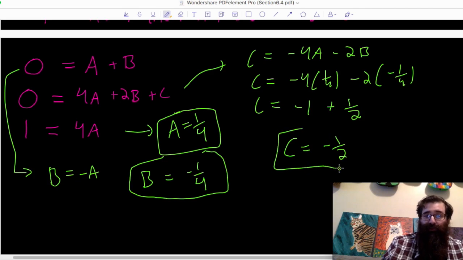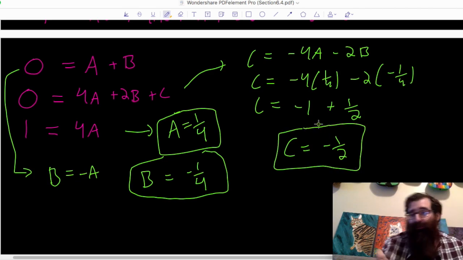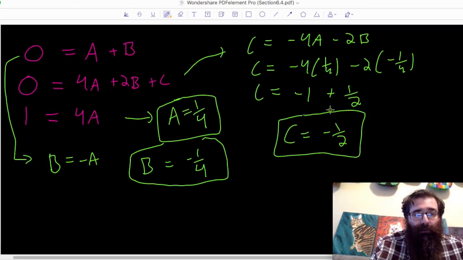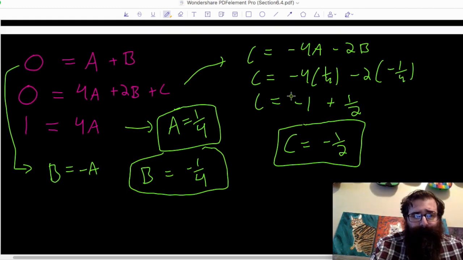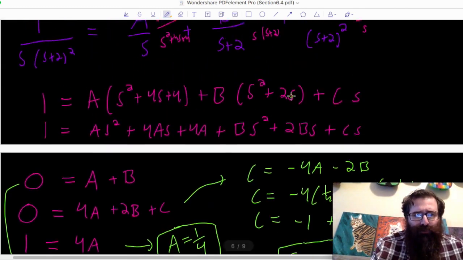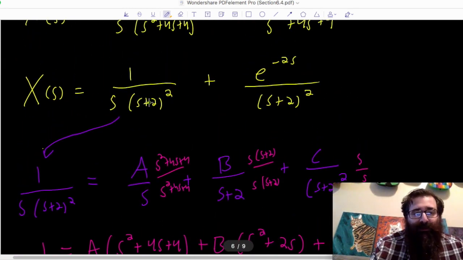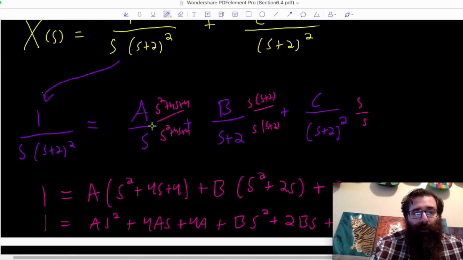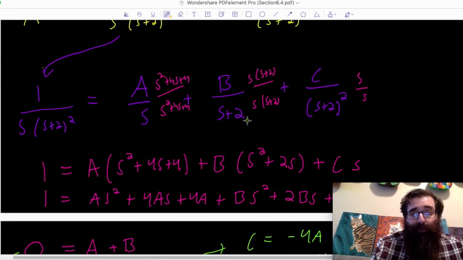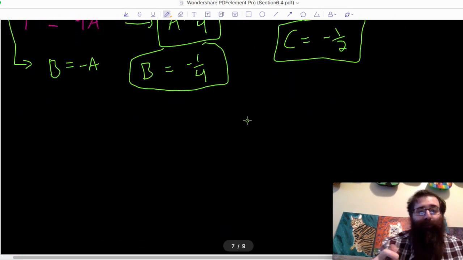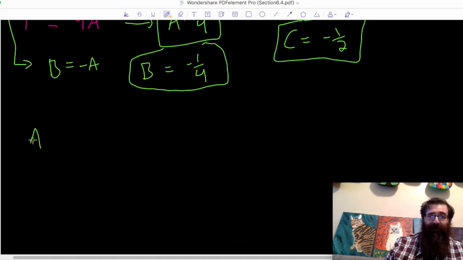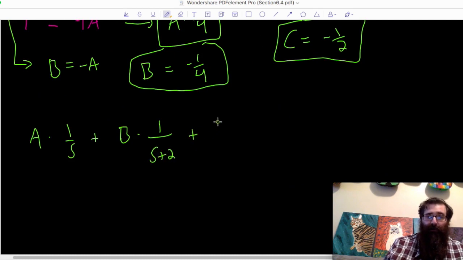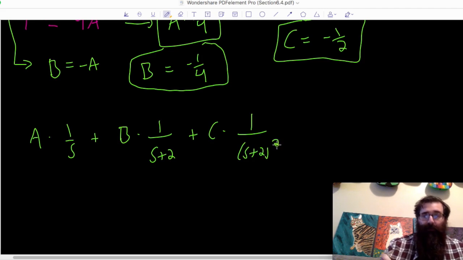So not too terrible. You know, we're doing work. We're working for it, but we got it. And now I want to go and write out that partial fraction decomposition. Now I'm just focusing on this left-hand side. And I want to go back to the fractions in purple that I had, and that was A times 1 over s, plus B times 1 over s plus 2, plus C times 1 over s plus 2 squared.